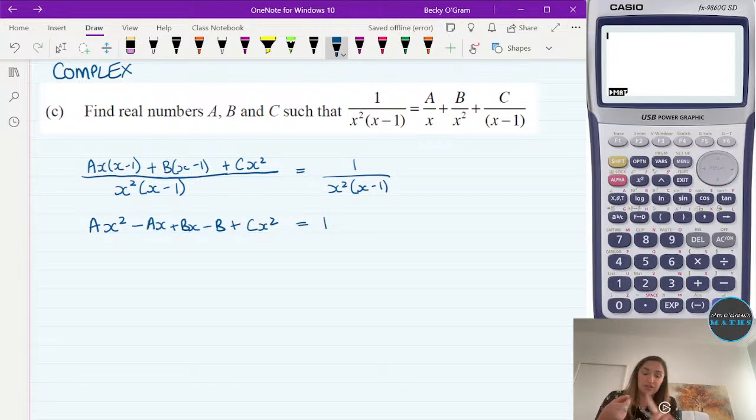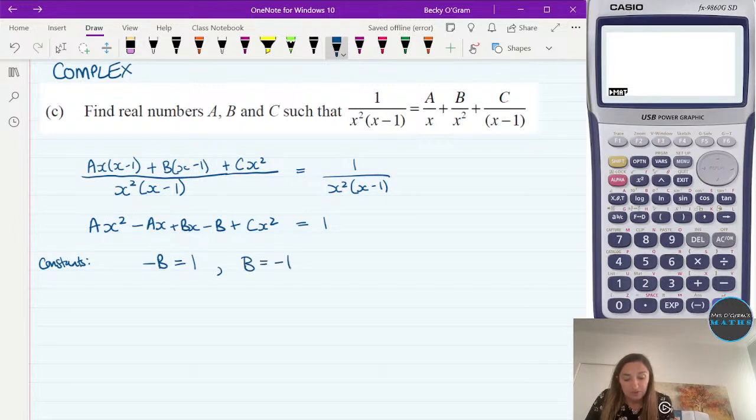So we have x squared terms, we have x's, and we have constants. Now I'm going to start with the constant simply because on the right I only have a constant. So if we compare constants, on the left-hand side we only have this minus b. So minus b must be equal to 1, or b equals minus 1.